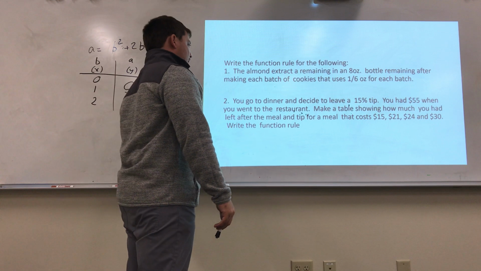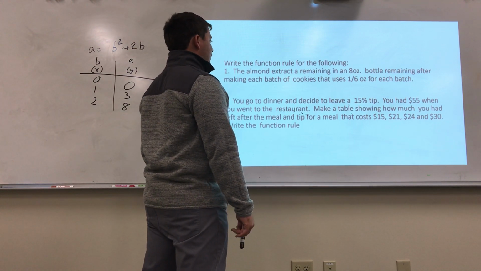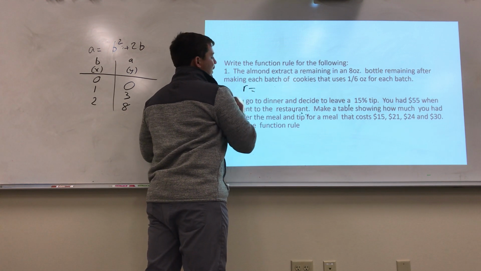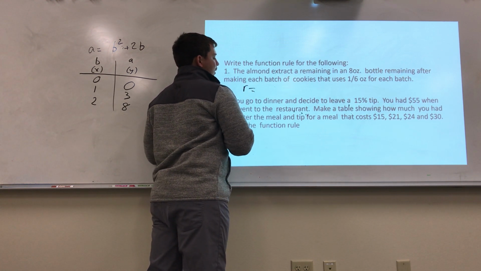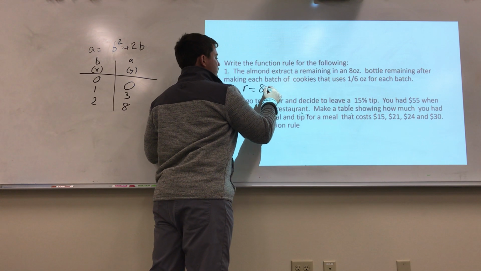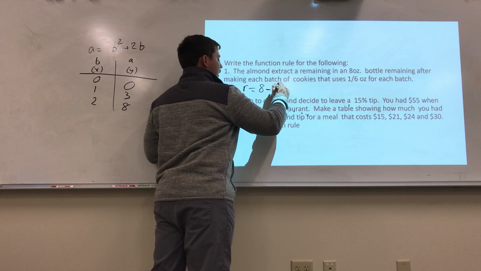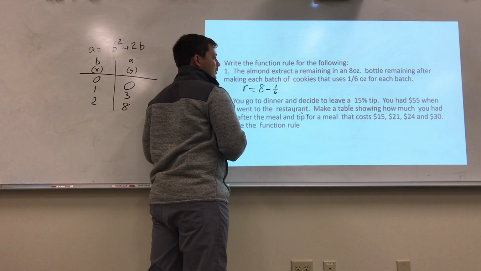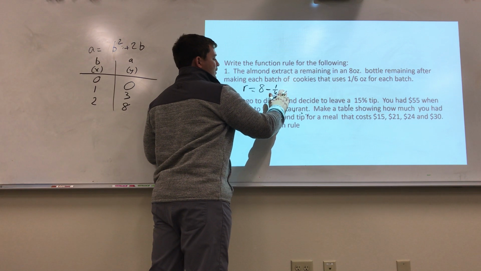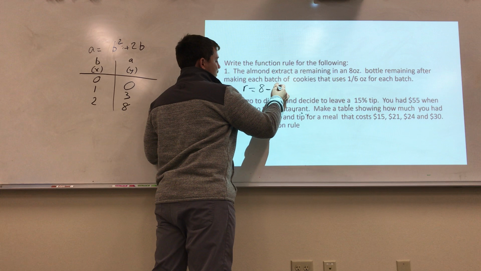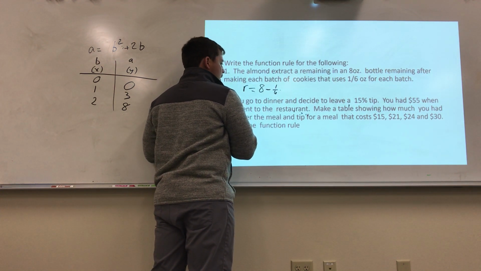So, you have a bottle that is 8 ounces. So R, which is going to be my remaining, is going to equal 8, because that's what I started with, minus, okay, and one batch would just be 1/4, right? 2 batches would be 2 times that, so you'd have 1/2 of an ounce to be taken out.